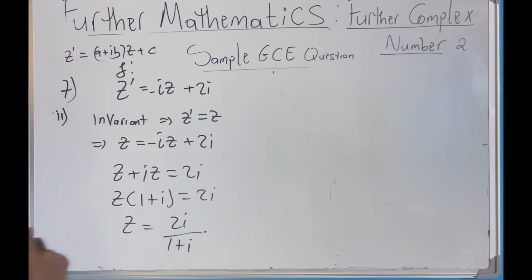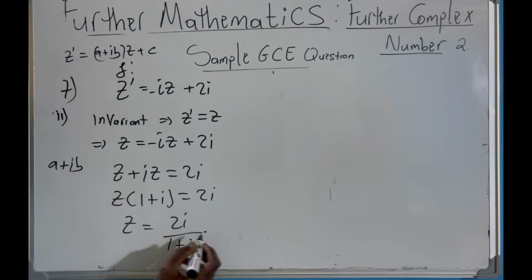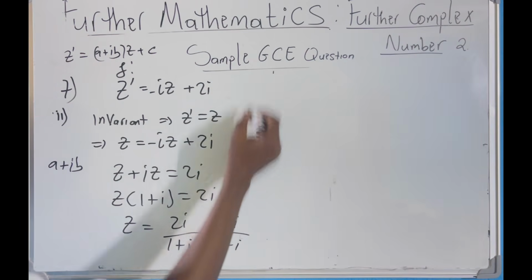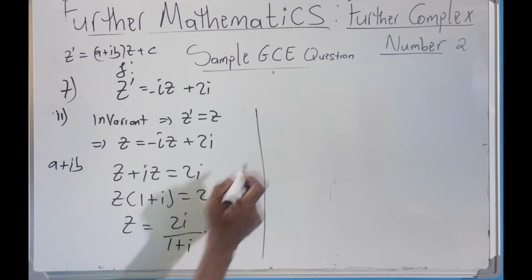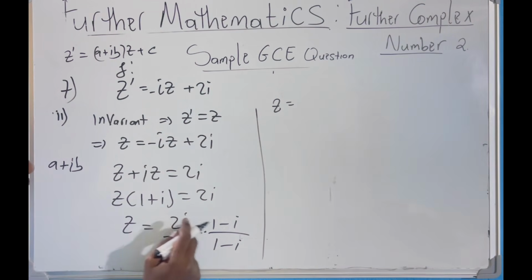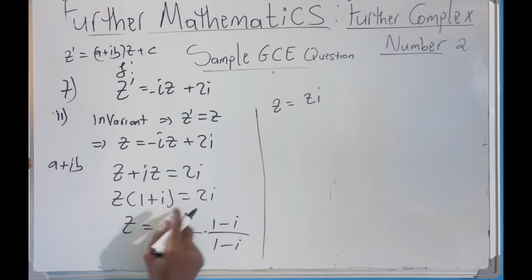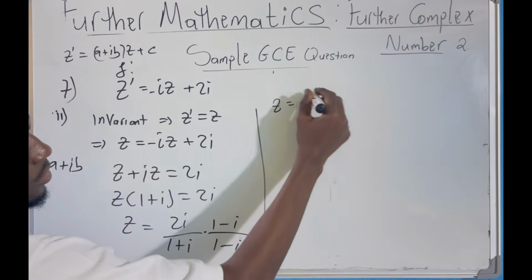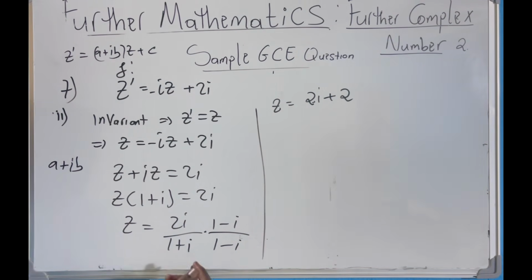Now I should not leave it like that. I should put my answer in the form a plus ib. So I will use the conjugate. Here the conjugate is 1 minus i. I multiply top and bottom by the conjugate to remove the complex number in the denominator. I have z equals 2i times (1 minus i), and 2i times negative i gives plus 2, because i times i is negative 1.